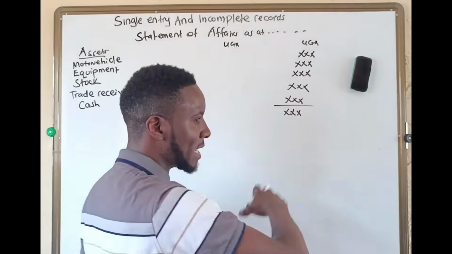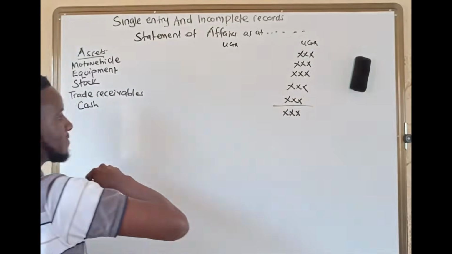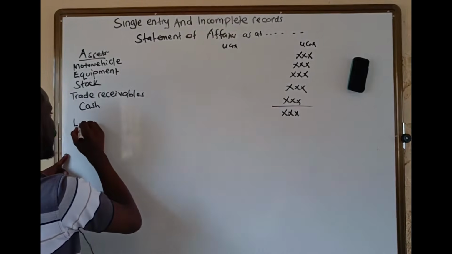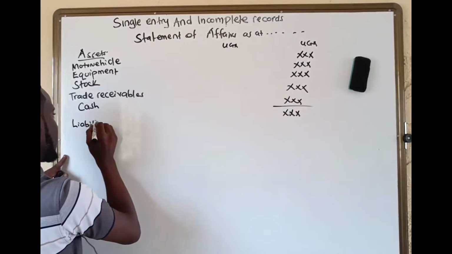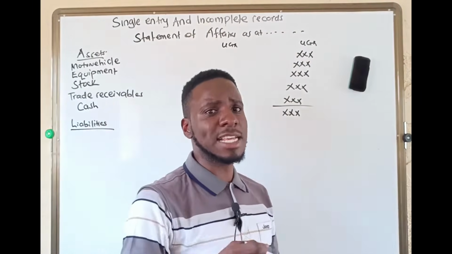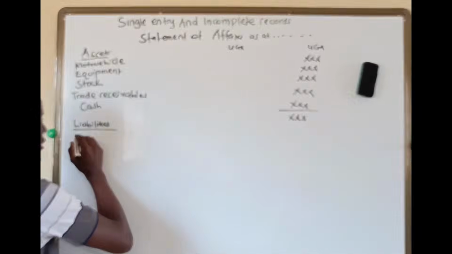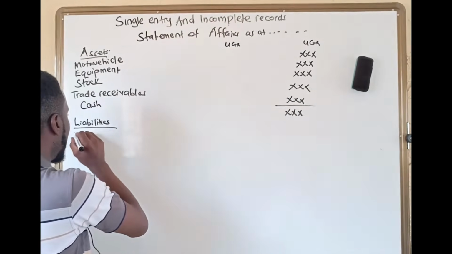These are the opening balances. This is what we start the business with, as at 1st January. Then you come and say liabilities. Even for the liabilities, we shall take the balances as at 1st January, the ones that we started business with. So we can say we have something like trade payables.